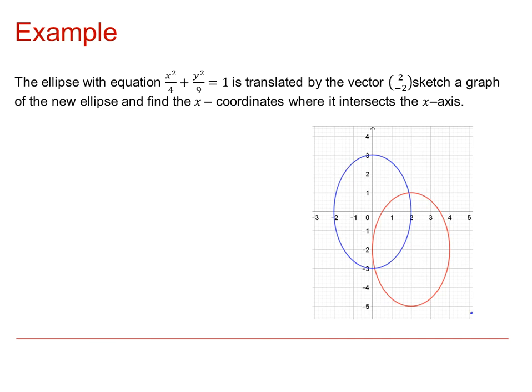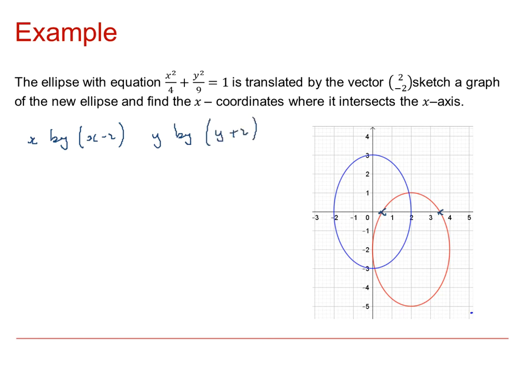But we're asked then to find where the new graph crosses the x-axis. In other words, we want to find these two points. Well, to do that, we need to find the new equation of the ellipse. Because it's been a translation by (2, -2), we can replace x by x minus 2 and y by y minus -2, or y plus 2.